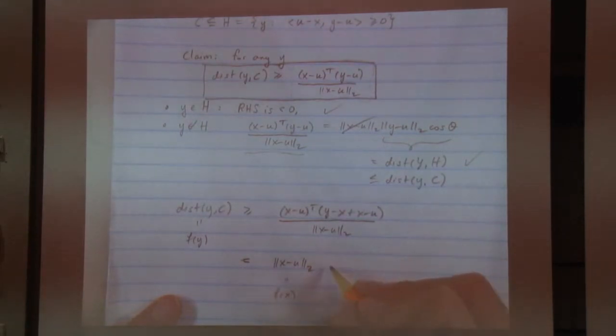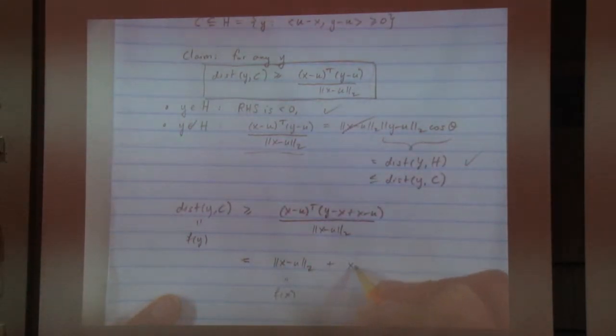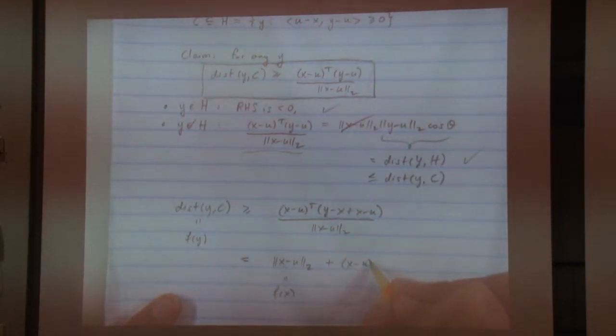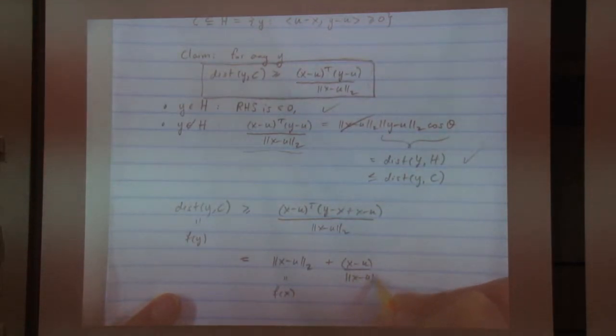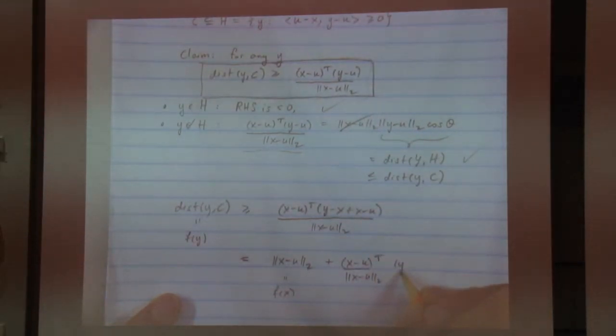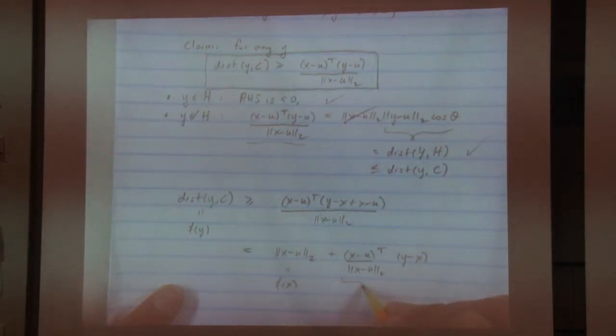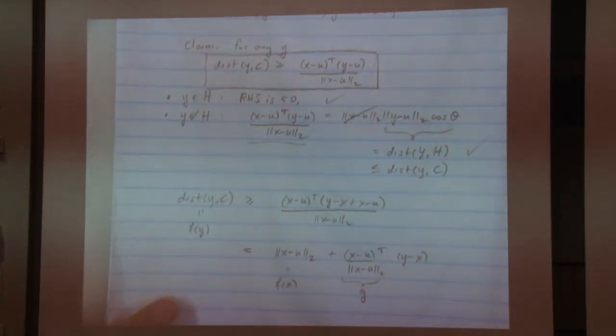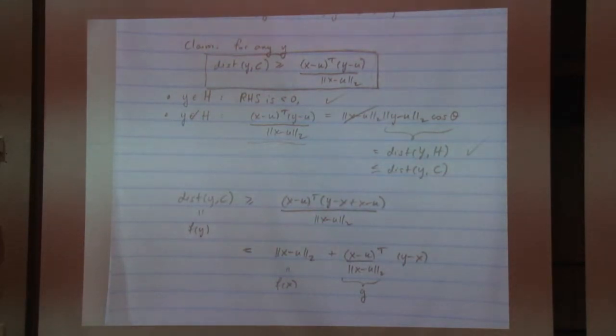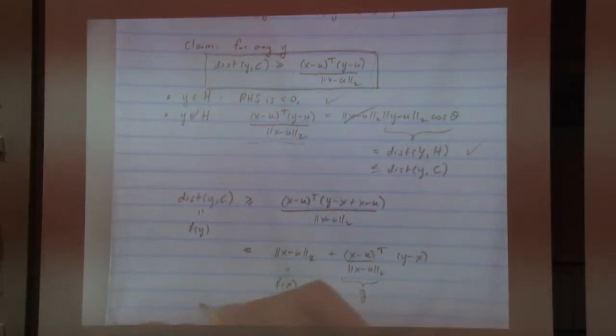And the other term looks like this: x minus u divided by its norm, transpose (y minus x). We're going to call this g. And what we established is that this is true for all y.